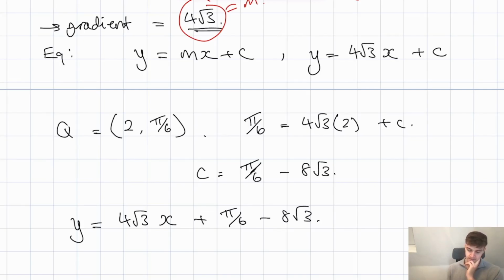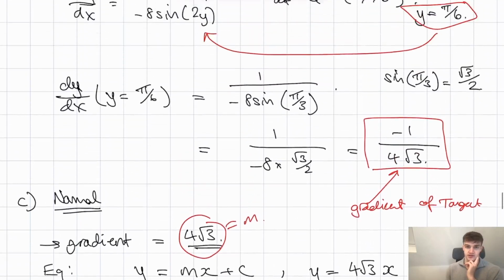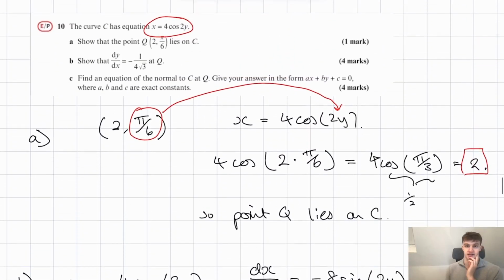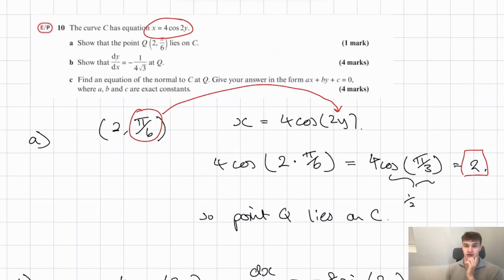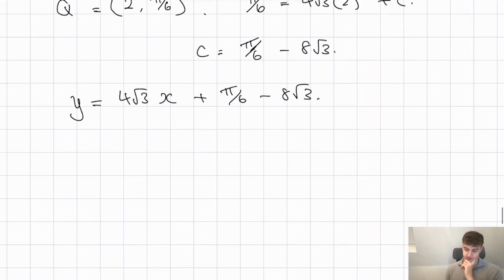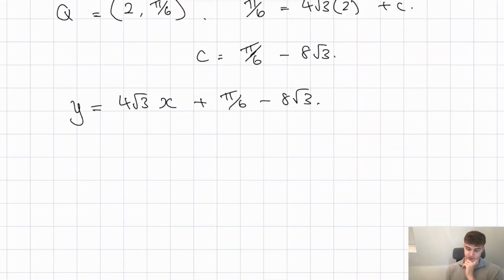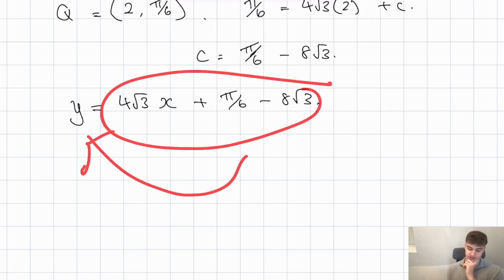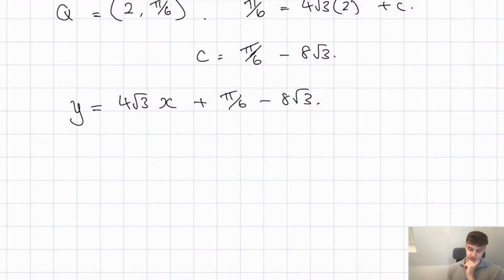Now we're not quite done because they wanted us to write it in the form ax plus by plus c equals 0, where a, b and c are exact constants. So I'm just going to put everything onto one side, put it all over to there. So let's have minus 4 root 3x plus y plus pi over 6 minus 8 root 3 is equal to 0.